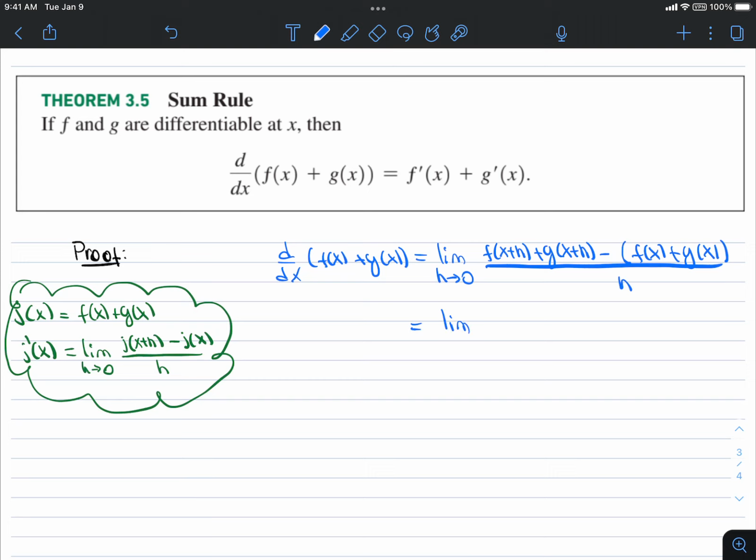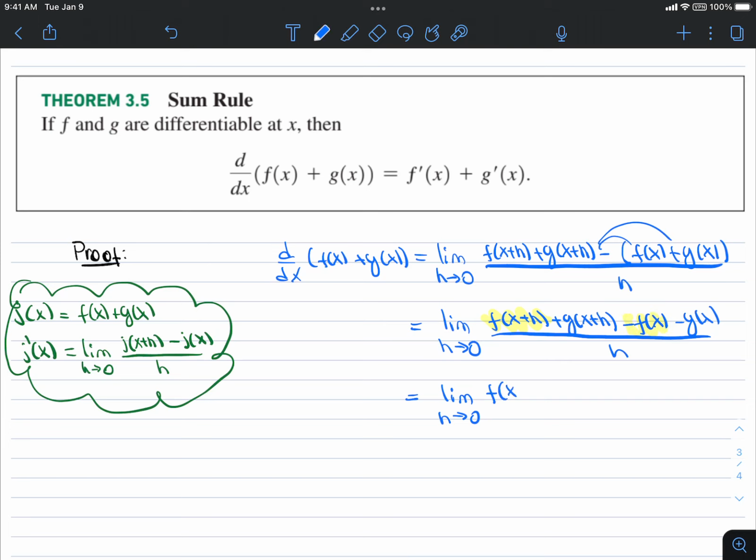So that's the limit when h goes to 0. So I have to distribute the minus signs. And then I can next group the like terms, putting f with f, so f of x plus h minus f of x. And then I can split this up into two different limits. And then again, I'm using the sum rule for limits.